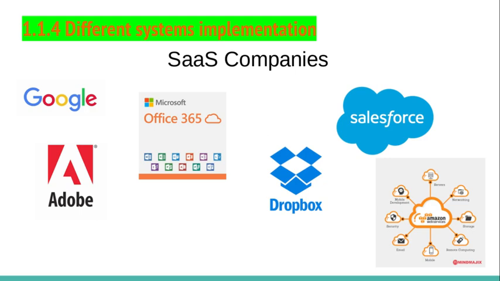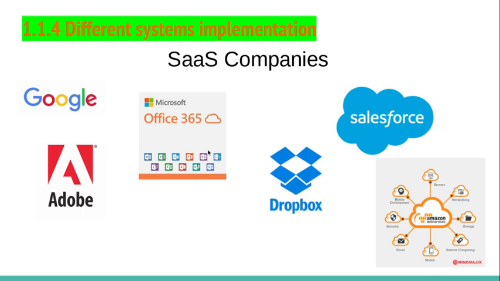Nothing is installed on our computers. If we go to any computer that has an internet connection, we can access the services. We can access Google Docs, Google Sheets, Google Classroom, Google Drive, or Google Mail. And that's because it is software as a service. Our district is paying Google a certain amount of money to have those services offered to us, and all we need is an internet connection.